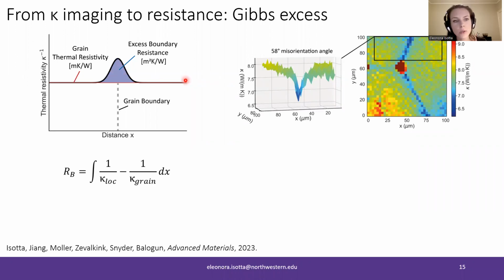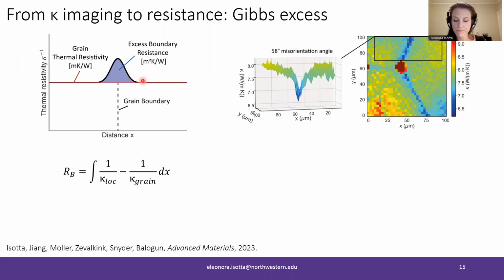So we define our excess boundary resistance as the excess resistivity that is produced by the grain boundary. So as the integral along the direction perpendicular to the boundary of the local thermal resistivity minus the constant value in the grain.